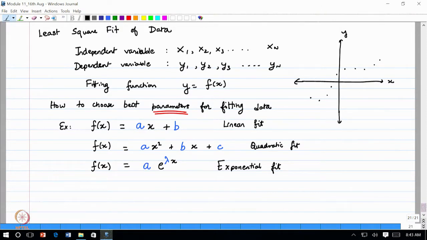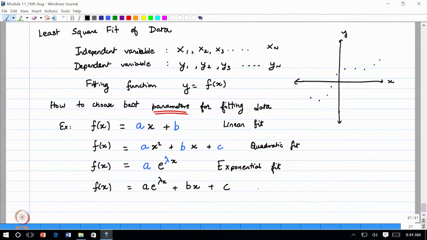Now, the exponential we have represented by 2 parameters. You can also have something like f of x equal to a e to the lambda x plus b x plus c. So you have a sum of an exponential and a linear. And here you have 4 parameters.